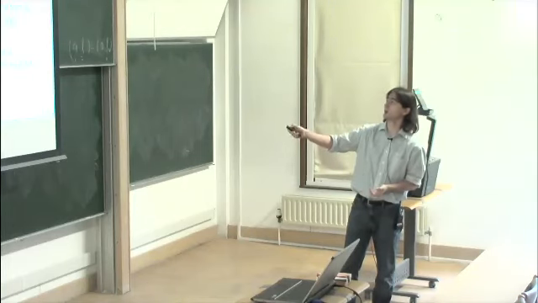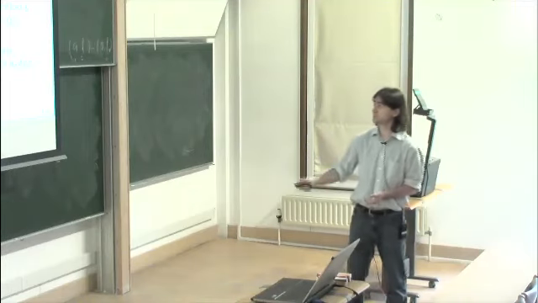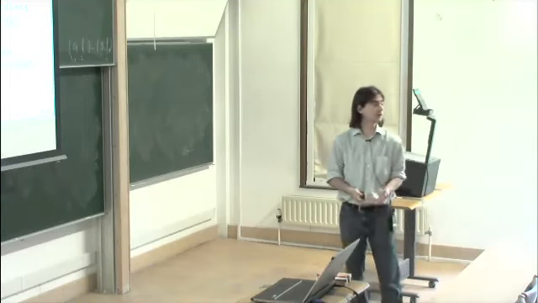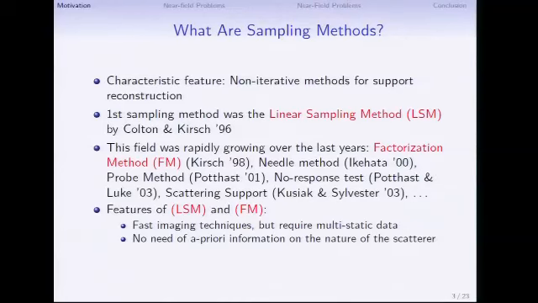This story started with the linear sampling method. Fiora told you about that yesterday. And the field was quite rapidly growing, and there are a couple of distinguished persons among us who contributed. So I concentrate on the linear sampling method and on the factorization method. Both methods are imaging techniques, so what you get in the end is a picture.